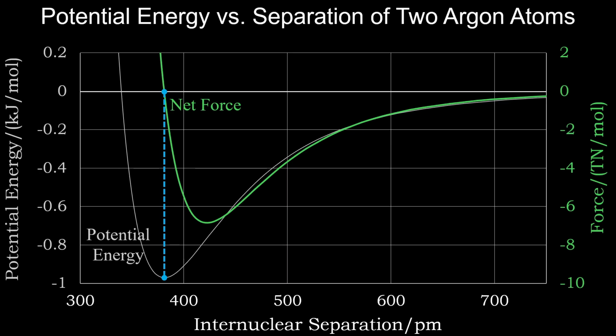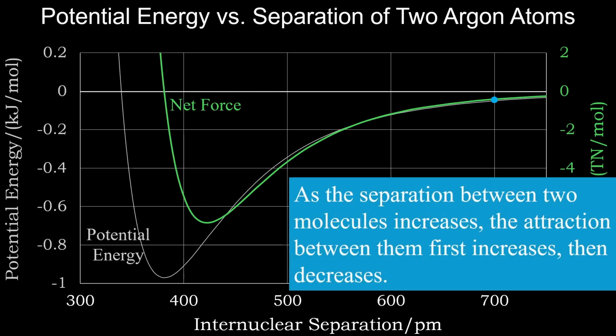The learning objective for this section is to know the trend in force, starting from the equilibrium separation. As the separation increases, the net force first becomes more attractive, then less attractive. The main idea for understanding surface tension is that as the separation between two molecules increases, the attraction between them first increases, then decreases.